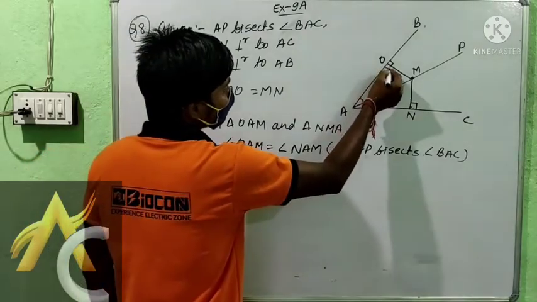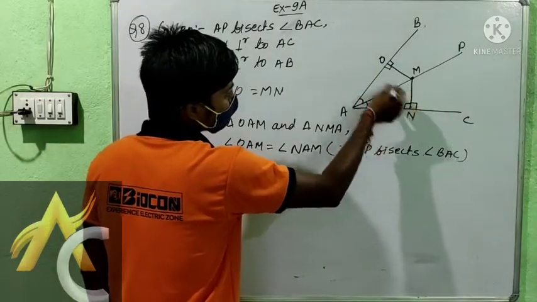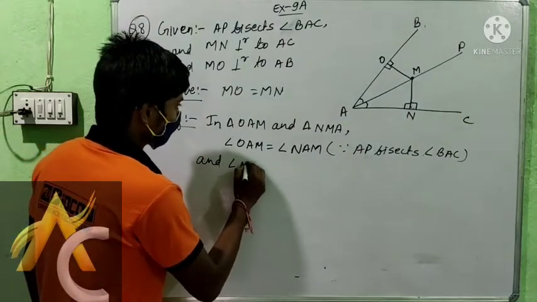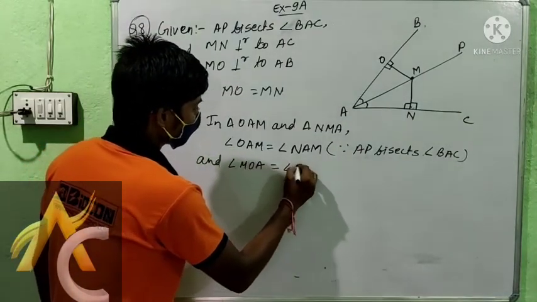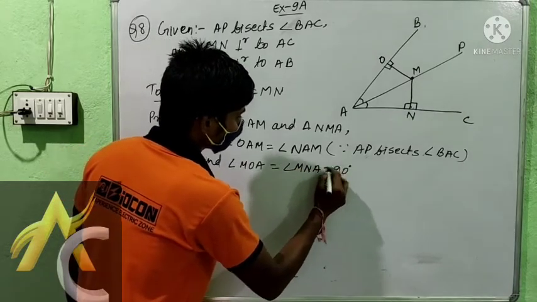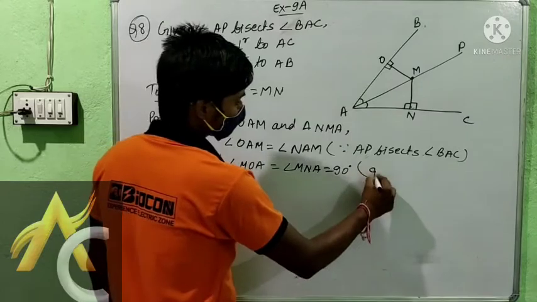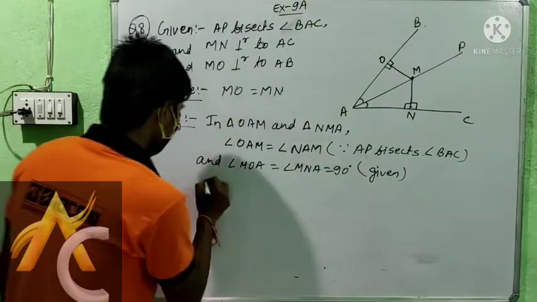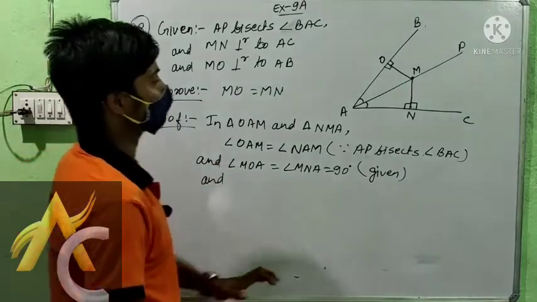also since these are perpendicular, so this will be equal to 90 degrees. That means angle MOA equal to angle MNA equal to 90 degrees. This is also given. And just look at these triangles.